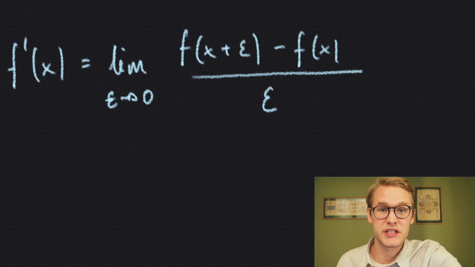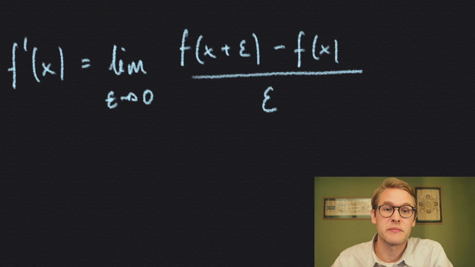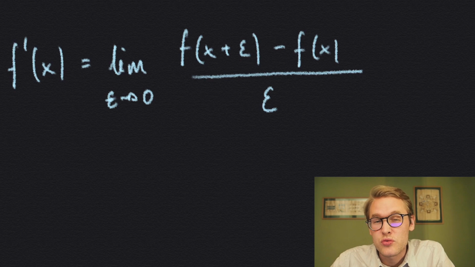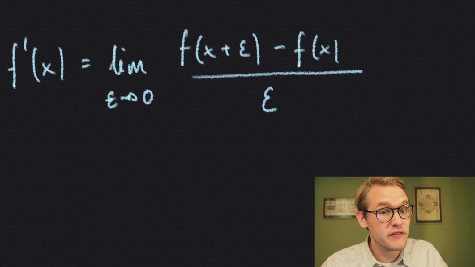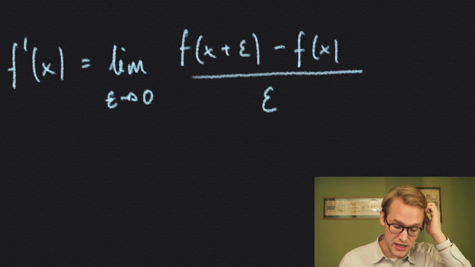I hope you have seen this expression many times, but have you really understood what it means? Or does it have any practical value? As we shall see, it does.